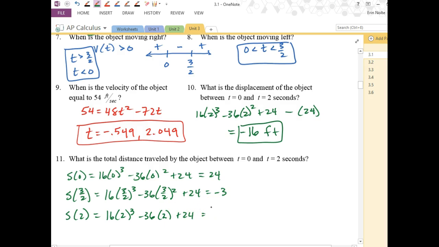If you plug 2 in, you should get 8. Is the 2 squared on the second part? 2 squared, yes. Thank you.